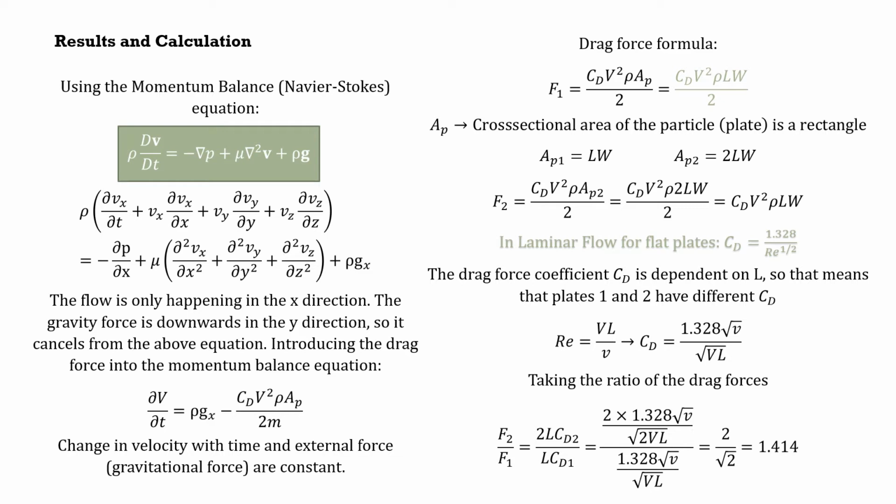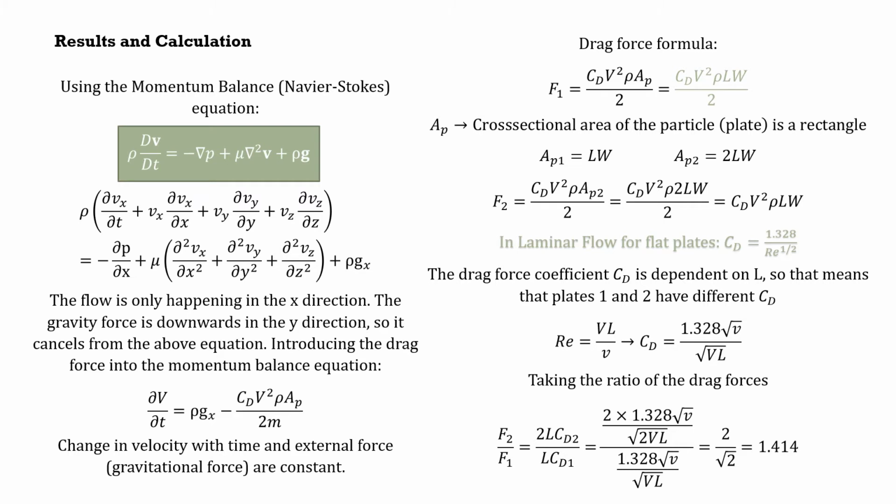we find out that the drag force coefficient CD is dependent on the length. So that means that plates 1 and 2 do not only have a different drag force, but a different drag force coefficient. That's why they differ, in addition to the length.